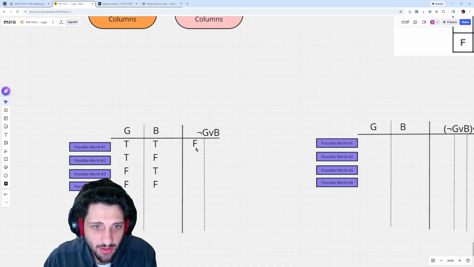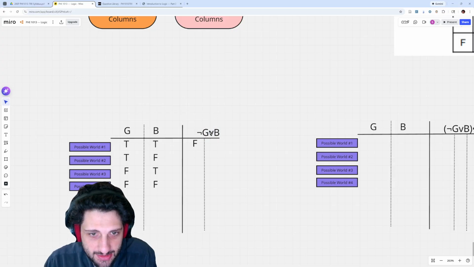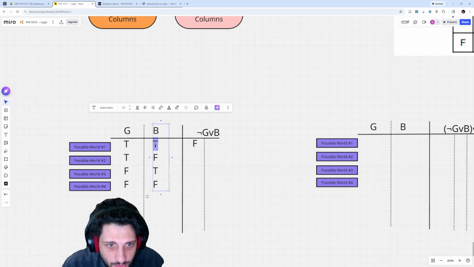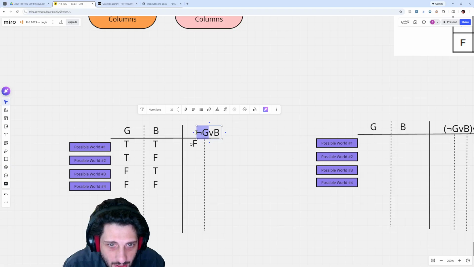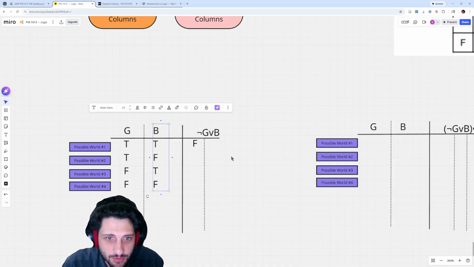So this column here corresponds to the negation, and this column on the right corresponds to the or. On the left side, the not G is false. On the right side, the B is true. In the first world, the left side of this or is false, and the right side, this B, is true.